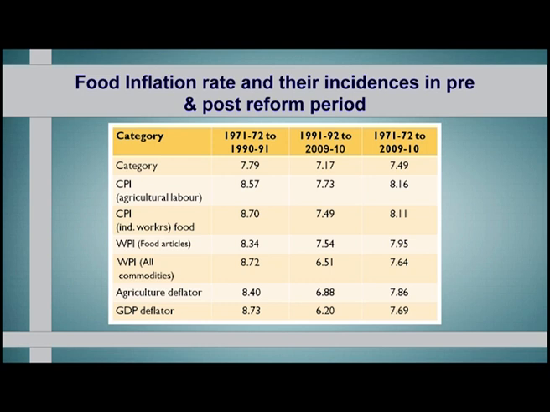If we see from 1971-72 to 1991, and then from 91-92 to 2009-10, the inflation rate for CPI, that is for agricultural labor consumer price index, has been nearly 7.79, and similarly for all these commodities it has never been more than 8%.